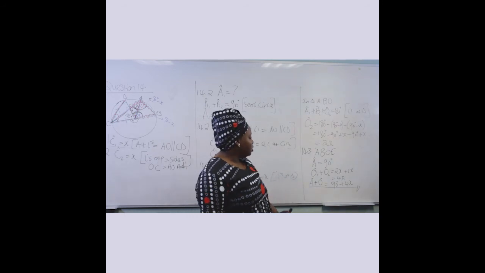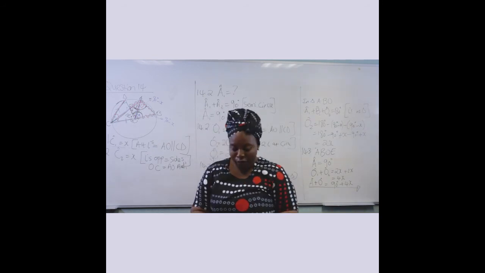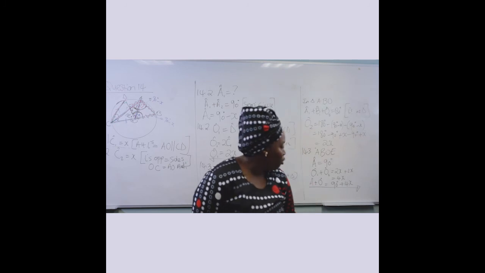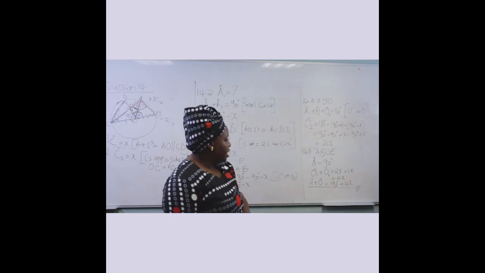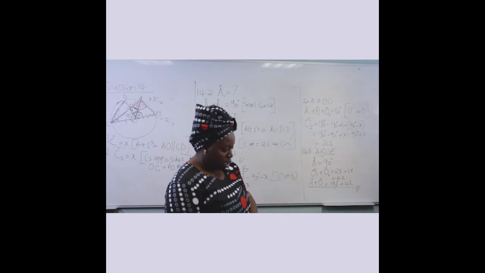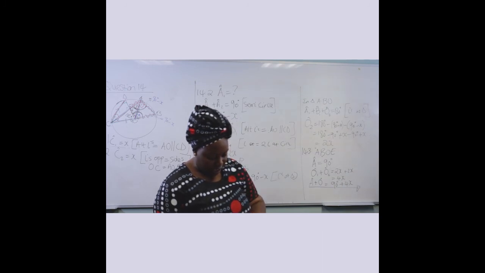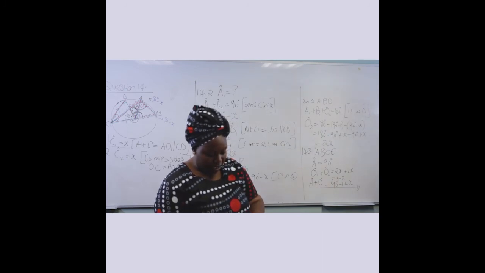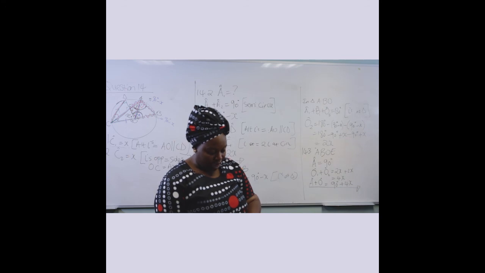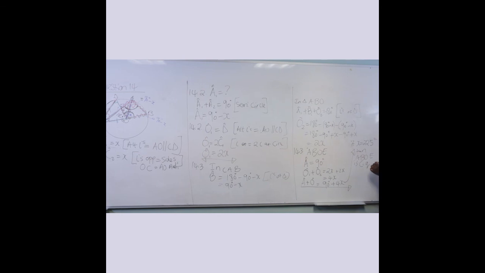That's what they're saying. What is the value of x that you can multiply to get to the solution? So let's see, if I say 90 divided by 4, I'm getting something like 22.5. 22.5 is then the value for which A, B, O, E is a cyclic quadrilateral.